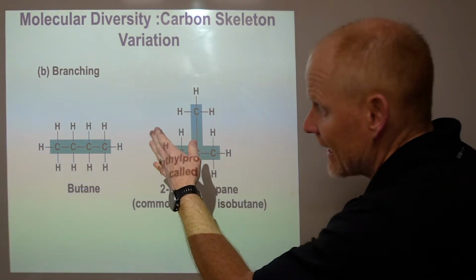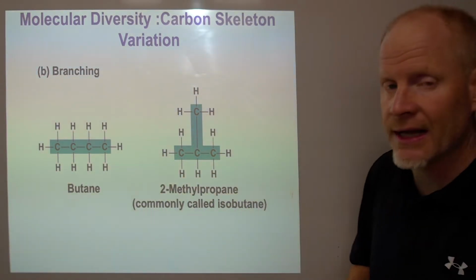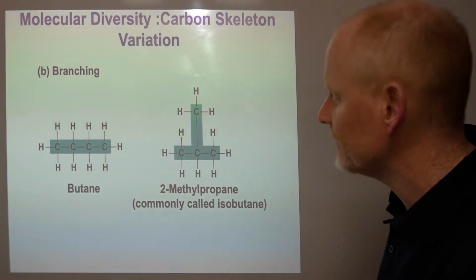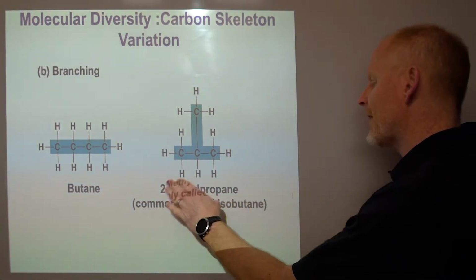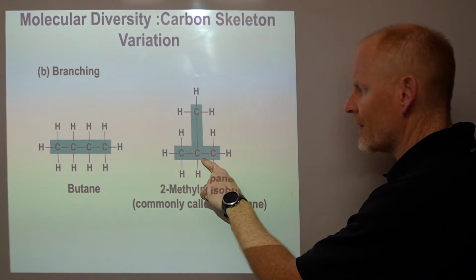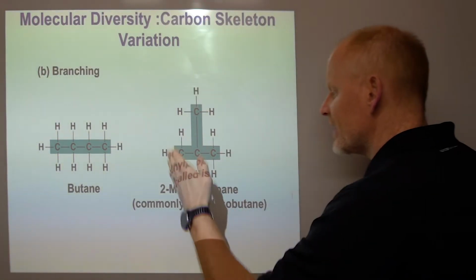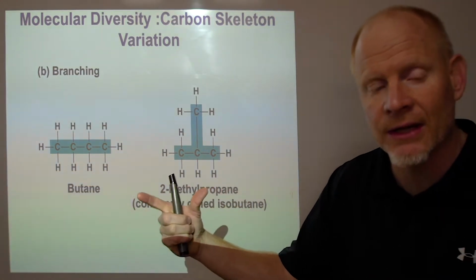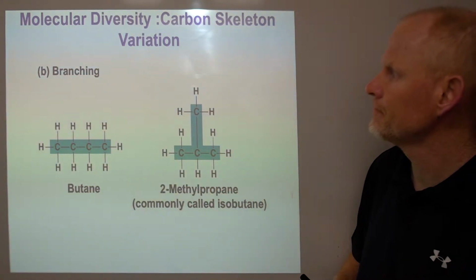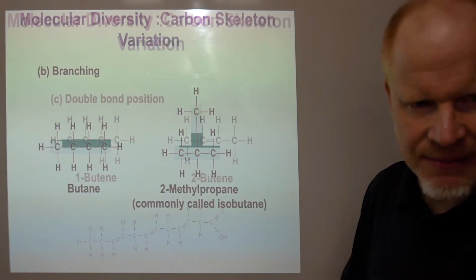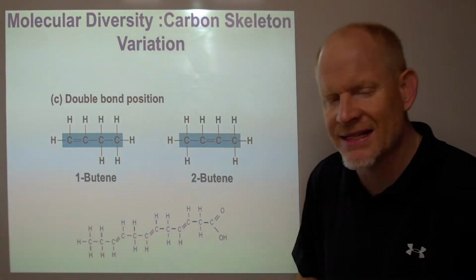It's got lots of hydrogen bonds that can release a lot of energy when they're broken. This is also called methyl propane, propane being 3 with a methyl group branching off of it. You can add branching all over the place and make these really large and complicated, so there's lots of variation. Again, I'm not going to spend a lot of time going over the naming process.